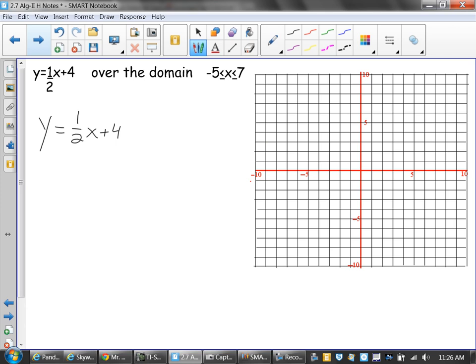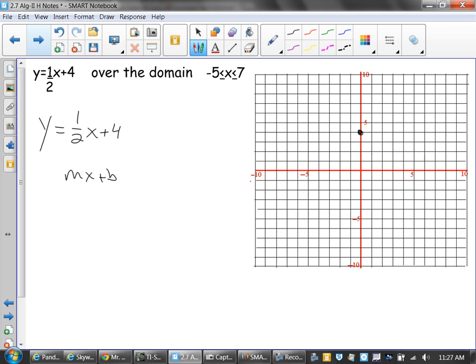Now, the easiest way possible to graph these types of functions is to plot it like you normally would with slope-intercept form, mx plus b. And anytime you have something written in slope-intercept form and you're going to graph that, where do you always start your graph? What's my y-intercept here, guys? 4. So here's what I'm going to do. I'm going to start at 4, make a dot.